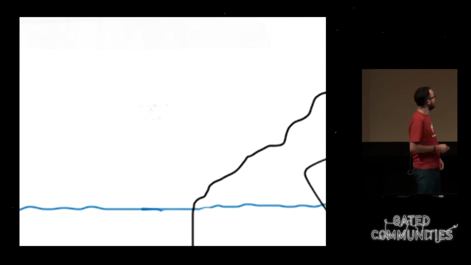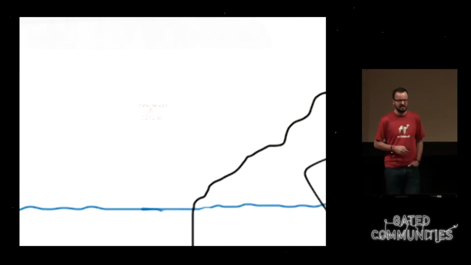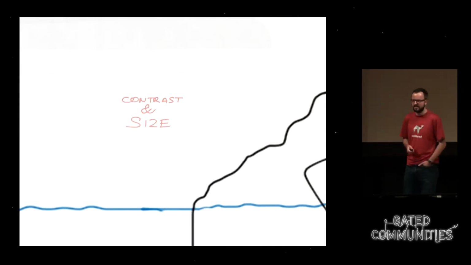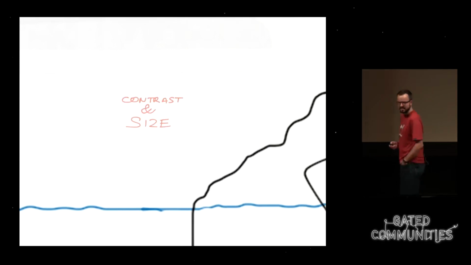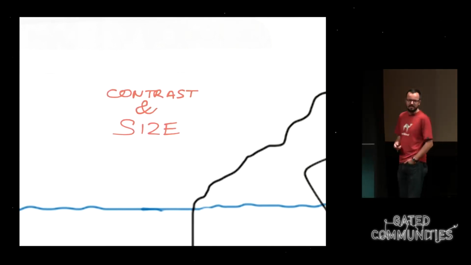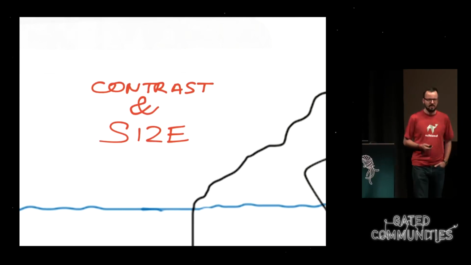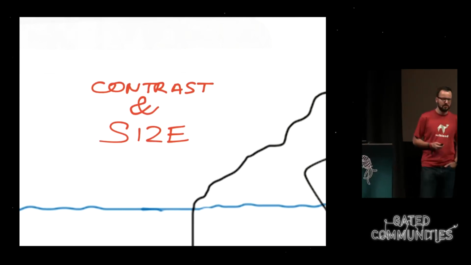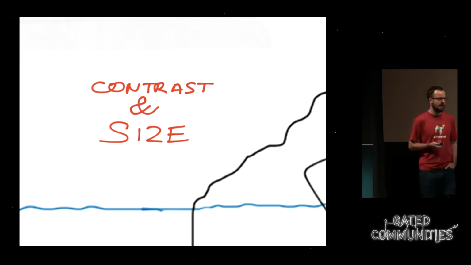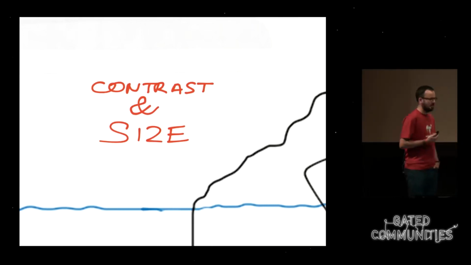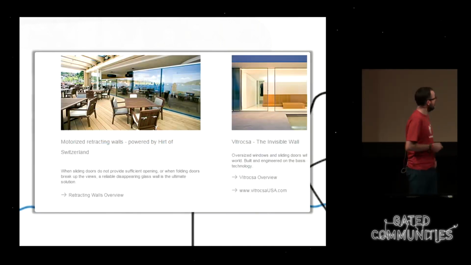And now we are back on the sea level, and it's not so visible, but there is some fog here. And inside of that fog, something is coming to us, and it's the simple statement that contrast and size matters. If you don't use the letters big enough and with sufficient contrast, then it will look like this.